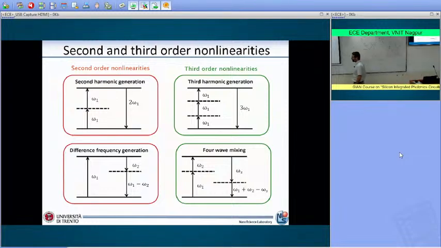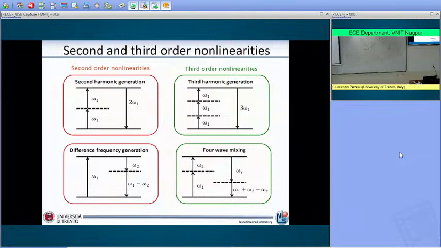We call the first photon the pump photon, and the other two the signal and the idler photon. Therefore, in this difference frequency generation process, one pump photon generates two photons.